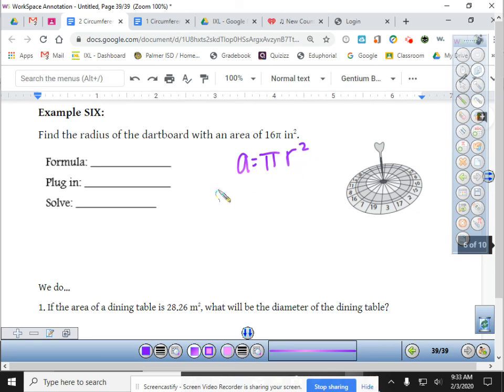Did they change pi? No. So I've got area 16 pi equals pi r squared. I can just cancel out the pi, right? I don't have to write it down. I'm left with the radius squared equals 16. What is the square root of 16? 4. The radius is 4. What is the diameter? 8. Good.